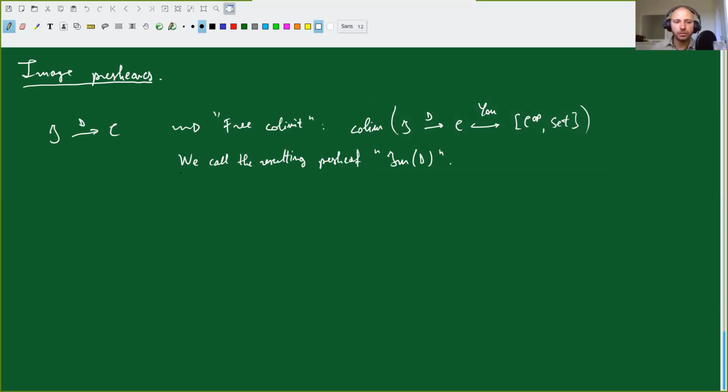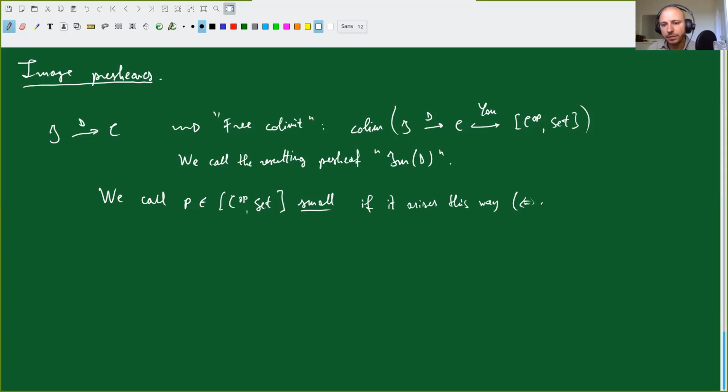And also, we call a presheaf small if it arises in this form, which equivalently, if it is a small colimit of representables.